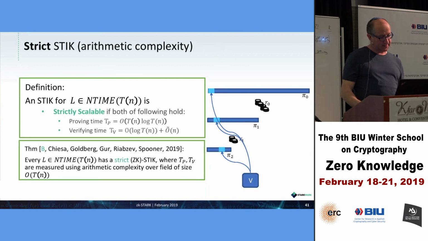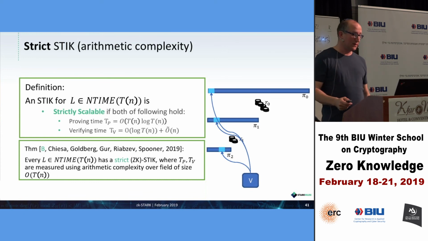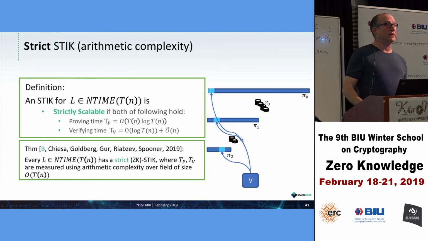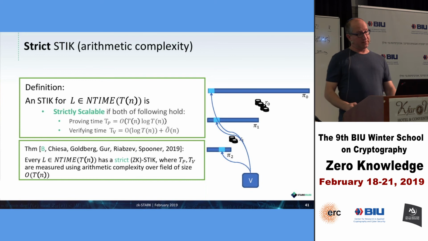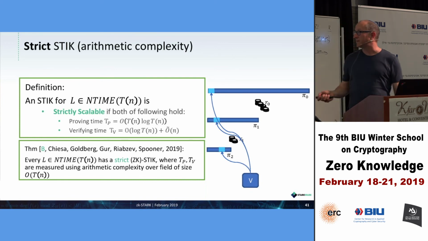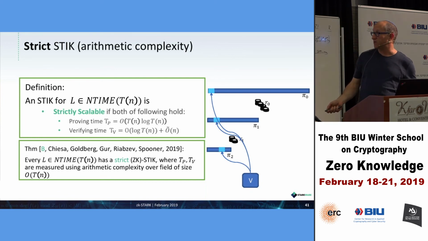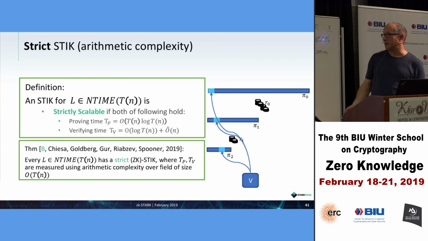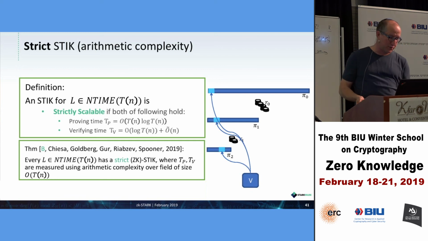I just want to say that we have this recent result that if you measure things in arithmetic complexity and the field size is large enough, then you can actually get a strict zero-knowledge STIK according to this definition in the IOP model. But the caveat is that you're using arithmetic complexity over a field of size O(T(n)). This is a result that we hope to post soon.